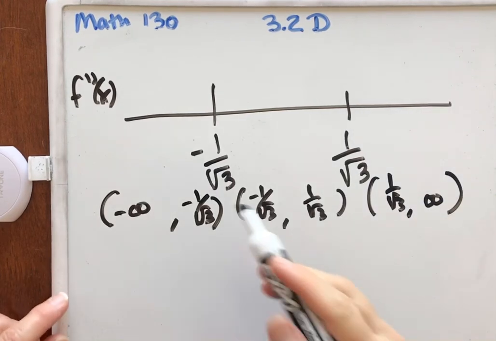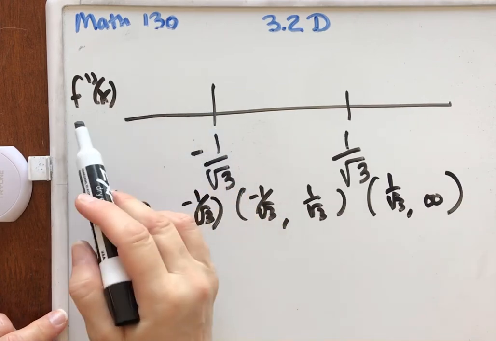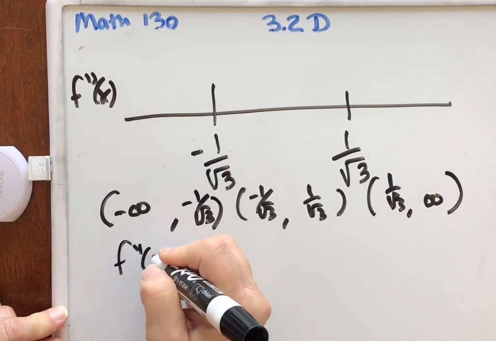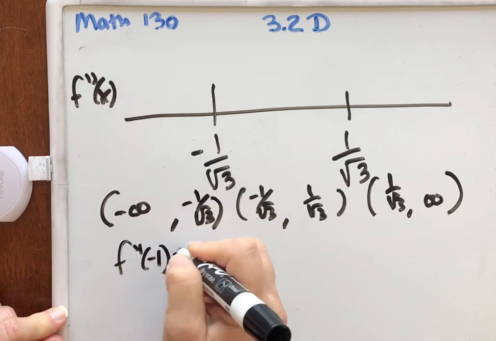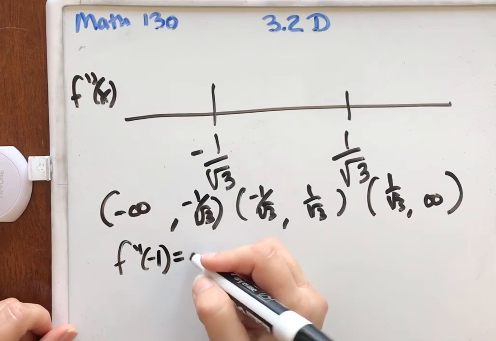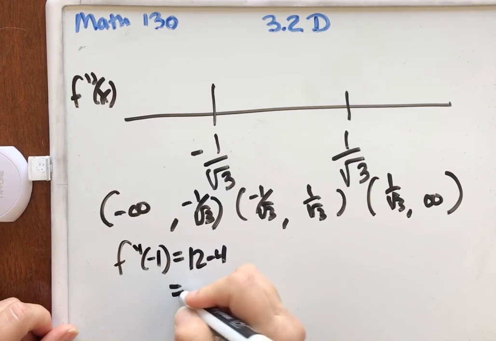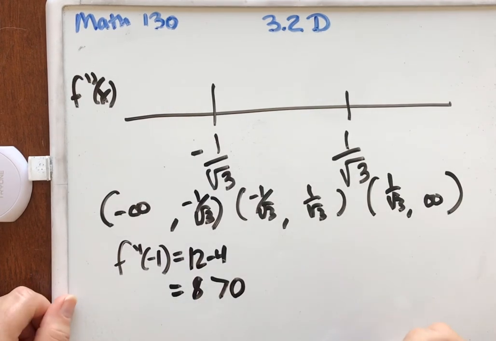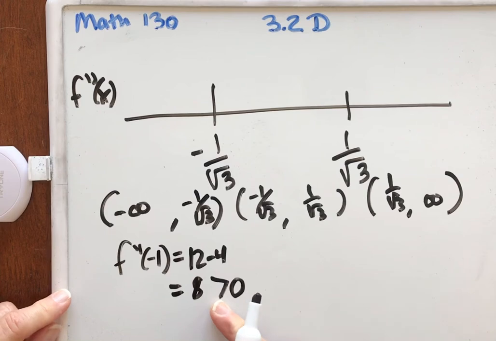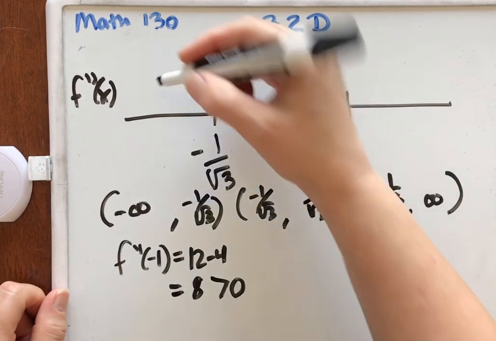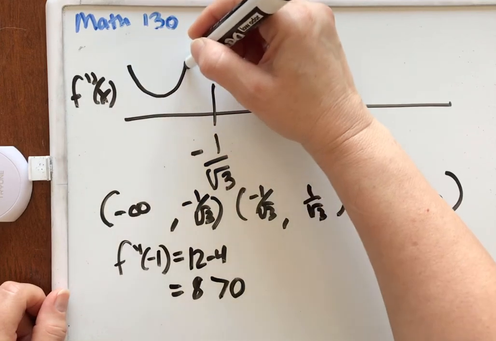Okay, so let's pick a number that's out here. Let's choose negative 1. F double prime of negative 1 is going to be 12 minus 4, which equals 8, which is greater than 0. So if it's greater than 0, is it going to concave up or down? You're right, it's going to concave up.